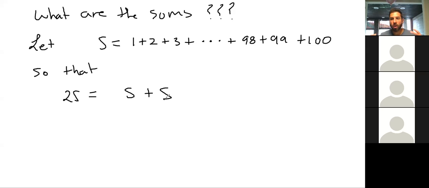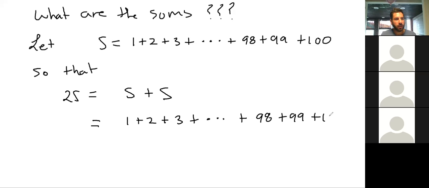Now, I do not want to write it the way you might intuitively think about it. What I'm going to do is I'm going to write the first s like this, 1 plus 2 plus 3, all the way out to 98 plus 99 plus 100.